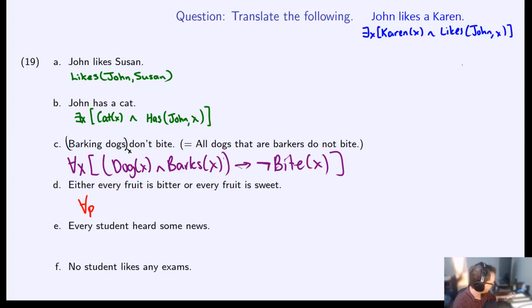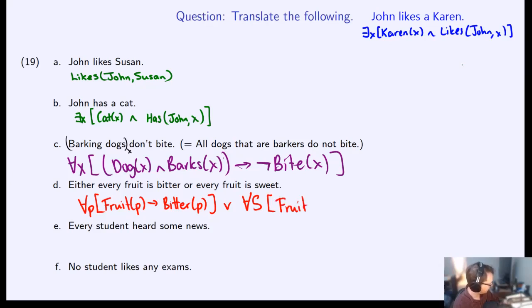So let's say for all P, why not? Instead of X and Y, let's use something different. So for all P, if P is a fruit, then P is bitter. Or, so that's every fruit is bitter, or every fruit is sweet. So let's use, I don't know, for all S, a capital S, why not?